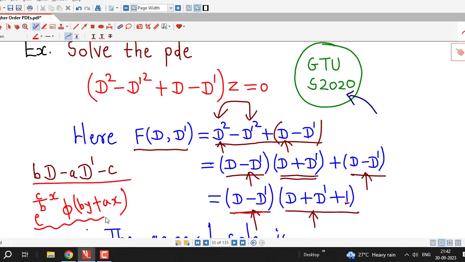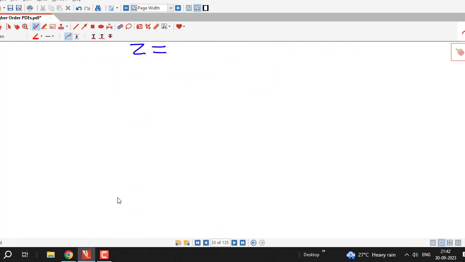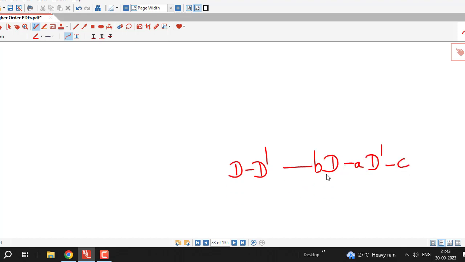For that we compare D minus D' with bD minus aD' minus c. We have to see what the coefficient of D is here. It is 1, that means b equal to 1. If we compare minus D' with minus aD', then we find that a is 1, and there is no constant term here, that is, c equal to 0.